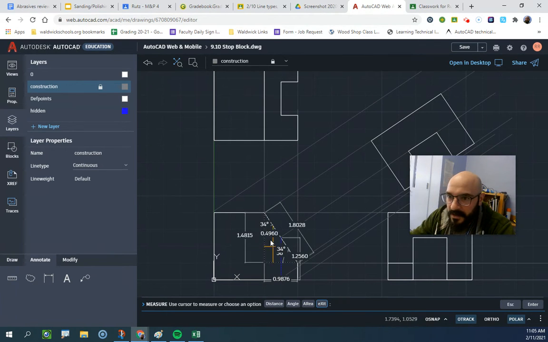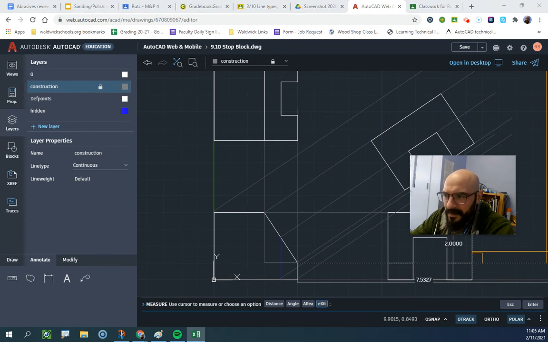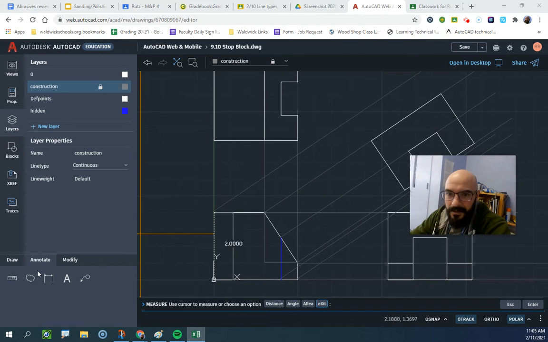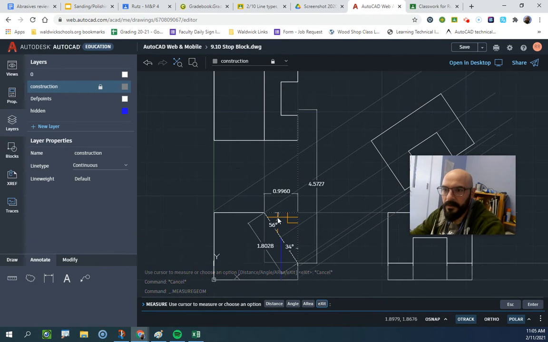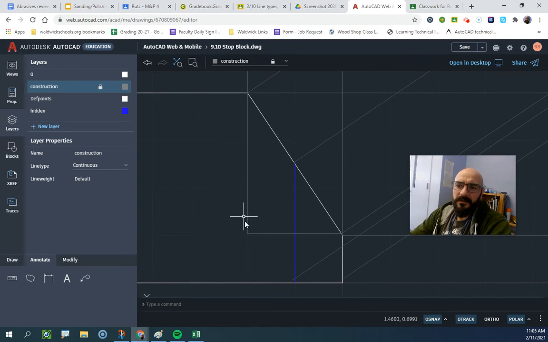Now, the next one that I need is going to be Z. Here it's telling me it's 34 because I've already drawn it. But let's use a little bit of math. In geometry, you learned that if you have two parallel lines that is transected with a line, this angle is going to be the same as this angle.